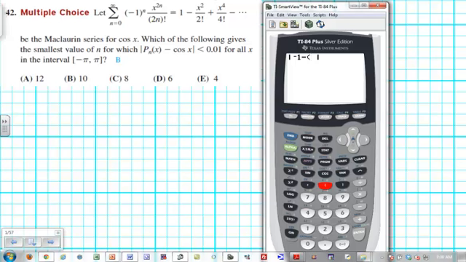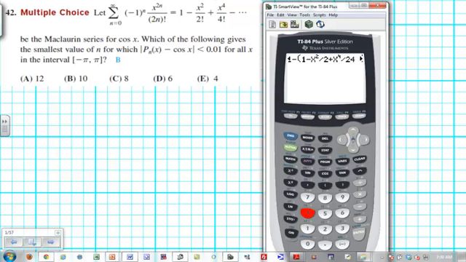And that 4th order polynomial is 1 minus x squared divided by 2 plus x to the 4th divided by 4 factorial, which is 24.